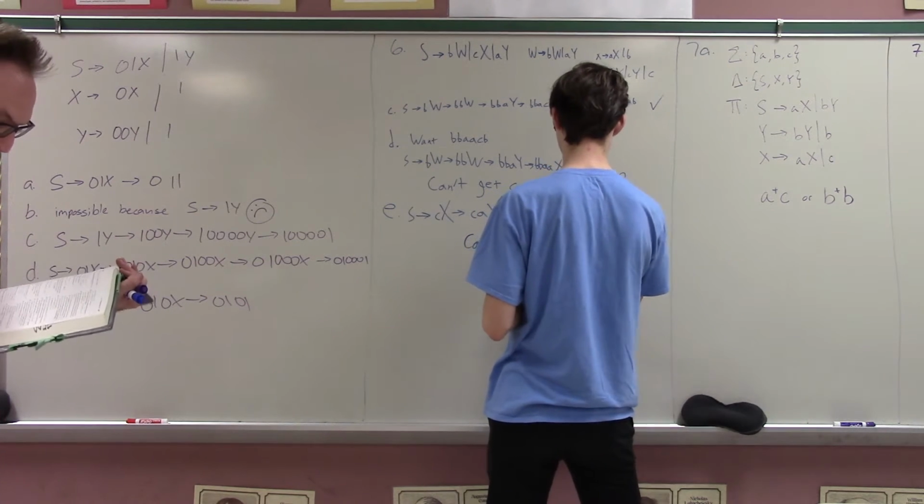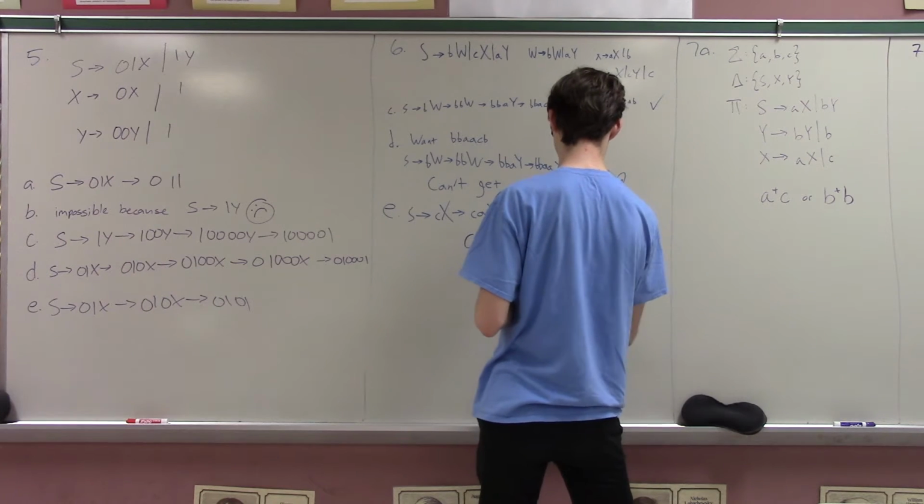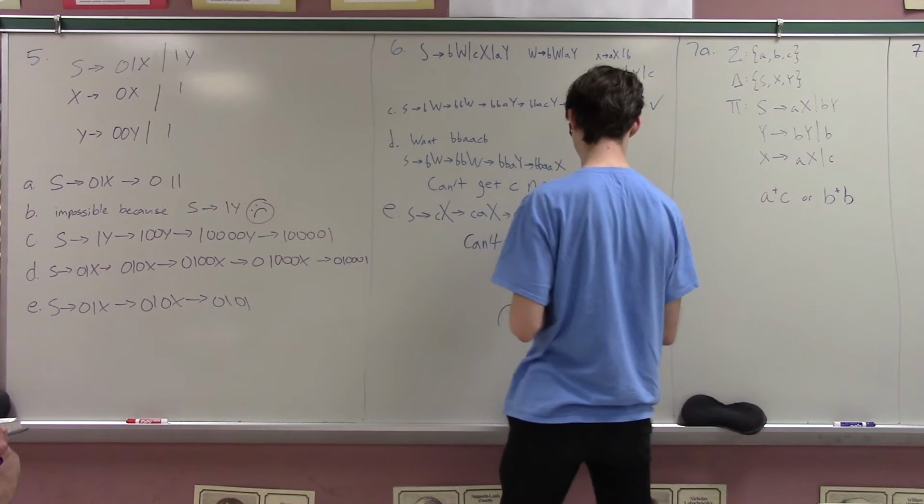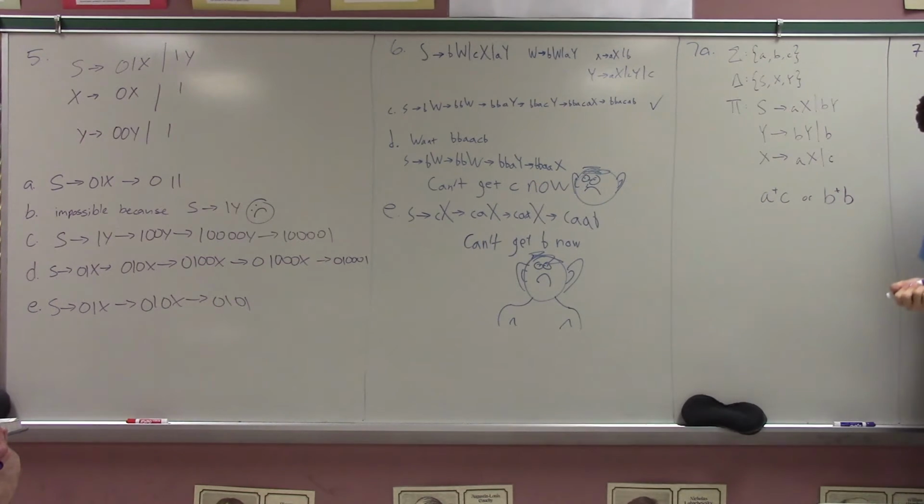Good. 6 was more of the same. They gave you a grammar and asked for strings C, D, and E: can it be made or not, and give some reason why it cannot. For part C, that was the string BBACAB.